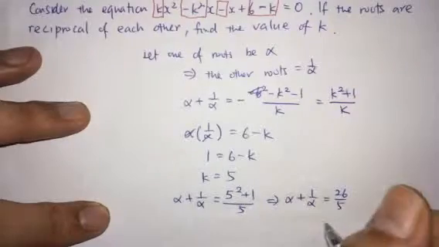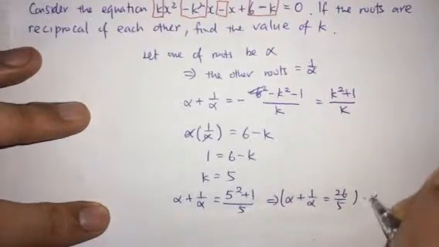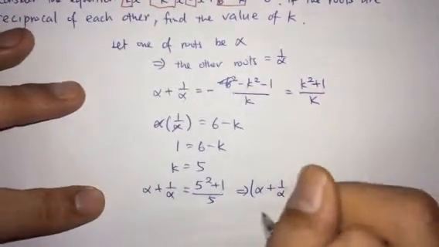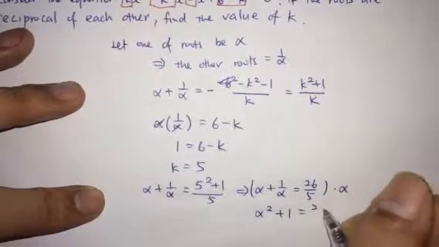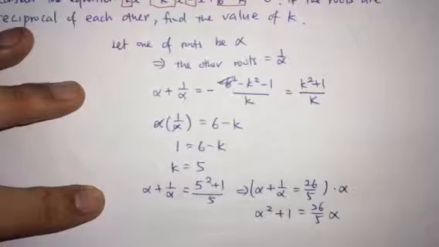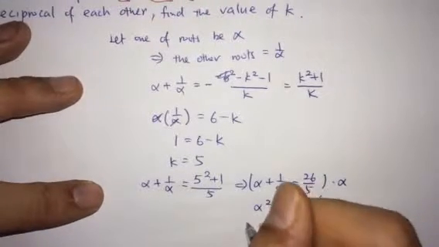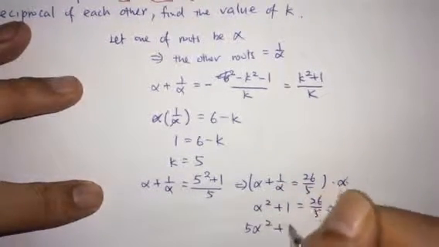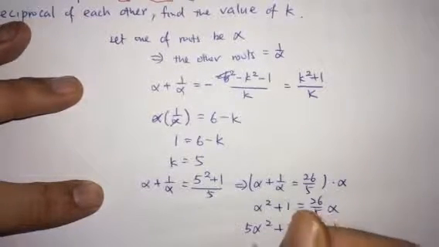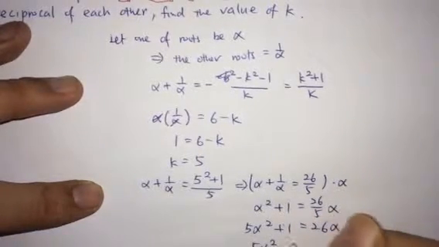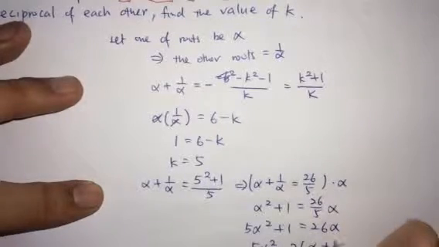Multiplying everything by alpha, we will end up having alpha squared plus 1 equals 26 over 5 alpha. Multiply everything by 5, we have 5 alpha squared plus 5 equals 26 alpha. So this means that 5 alpha squared minus 26 alpha plus 5 equals 0.